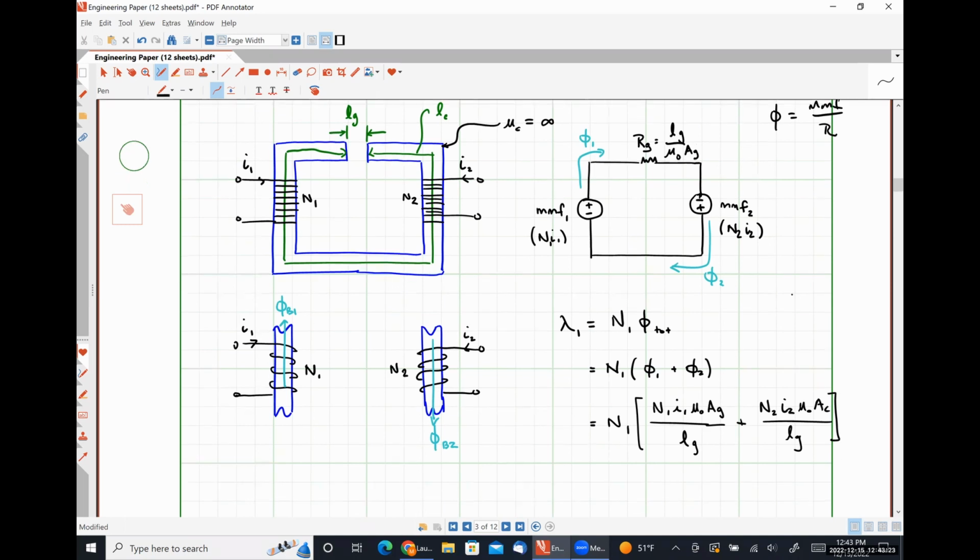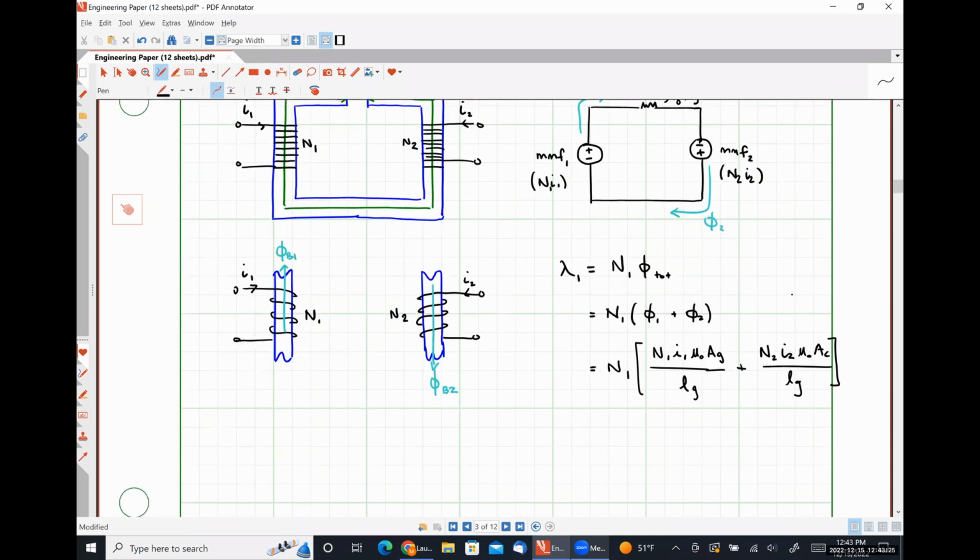Okay. Why the gap? Because the gap is the only thing that has any reluctance. Oh, sorry, that should be AG. Thank you for that.